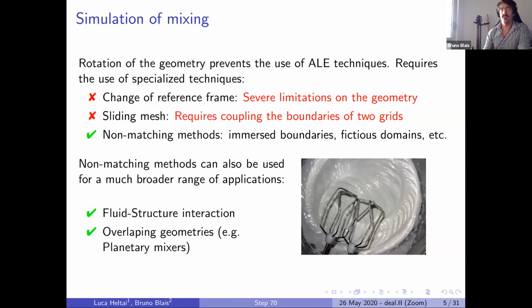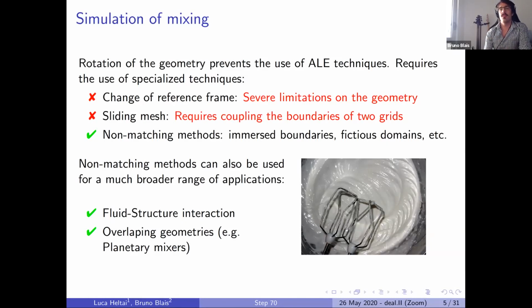But non-matching methods are also a lot more powerful, and they can be used for a much broader range of applications. They're very strong for fluid structure interaction, also let's say flows in blood vessels, or very complex fluid structure interaction where the deformation of the solid body can be nonlinear, let's say hyperelasticity.